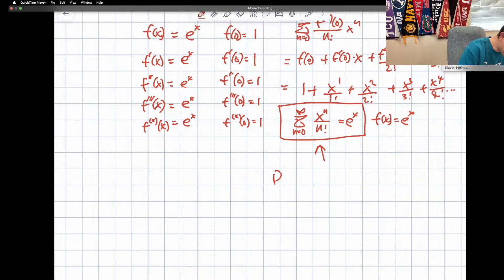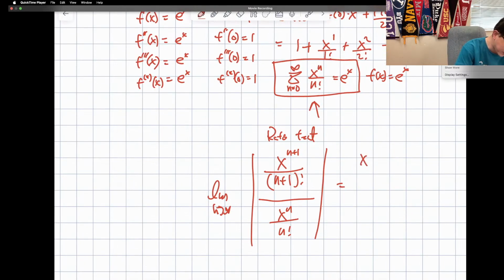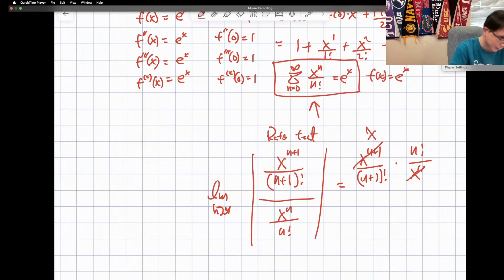So ratio test. And hurry up. So that's equal to x to the n plus 1 over n plus 1 factorial times n factorial over x to the n. So we know that this cancels out, that's equal to x.